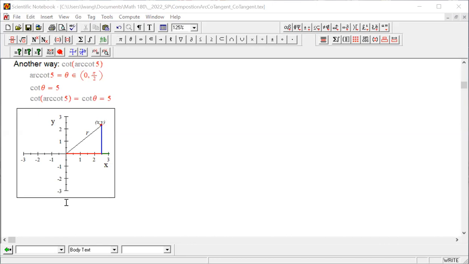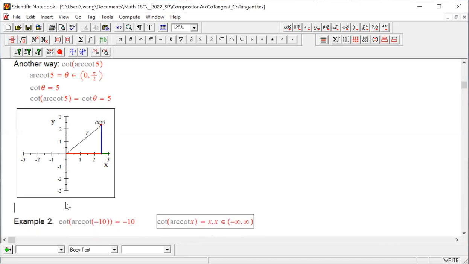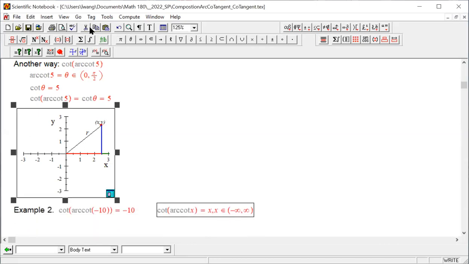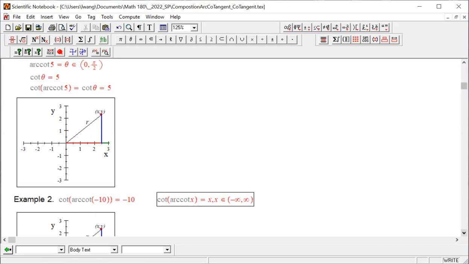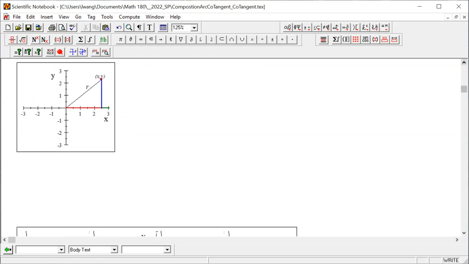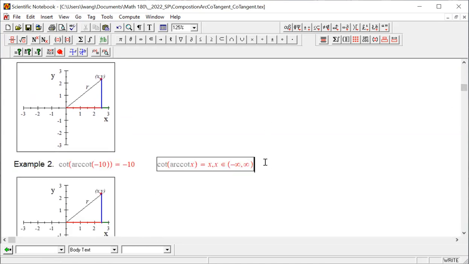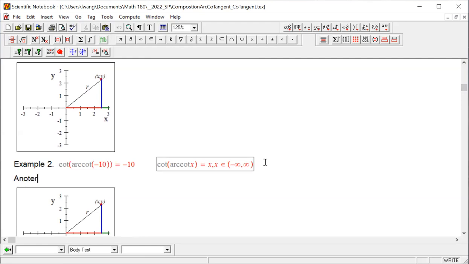In the second case, example number 2, suppose I'm still going to take this picture, except this time, if I do it another way.